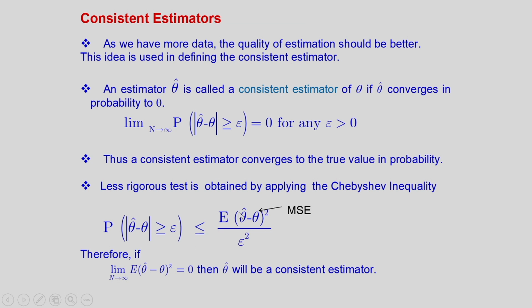So if this quantity is 0, then this probability will also become 0. Therefore, if the limit of E of (theta hat minus theta) whole square as n tends to infinity is equal to 0, then theta hat will be a consistent estimator. This is the test for consistent estimators we will be using.